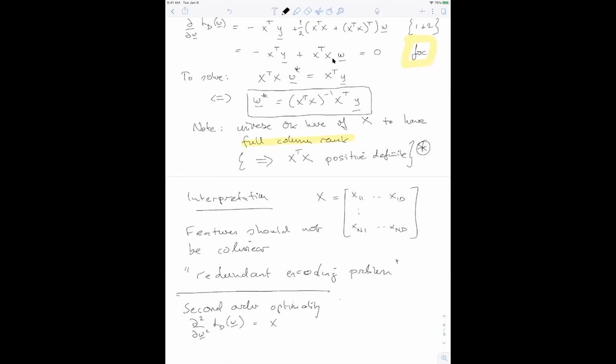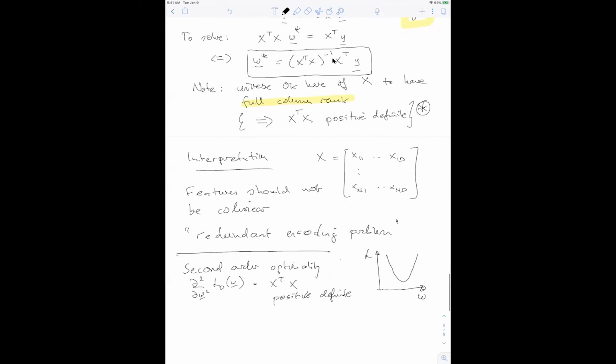So it's just X transpose X. And this is positive definite for the same reason I described before, as long as the matrix has full column rank, and positive definite is sufficient in multivariable calculus to get this convexity.